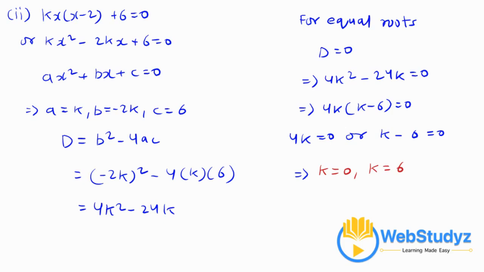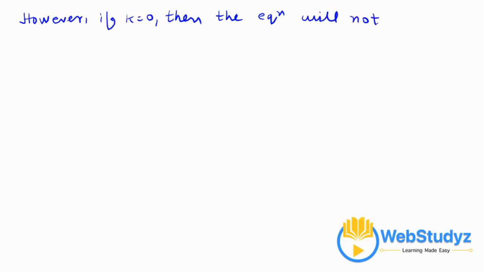Now we can say that, however, if we take k equals to 0, then the equation will not have the terms of x square and x.